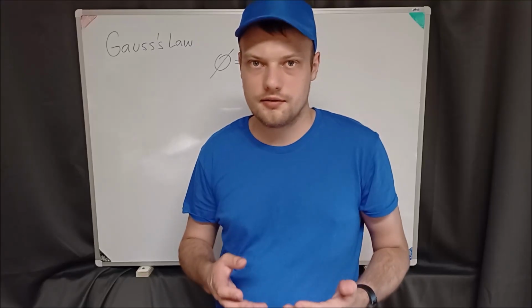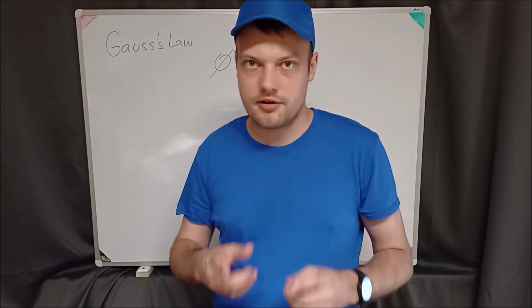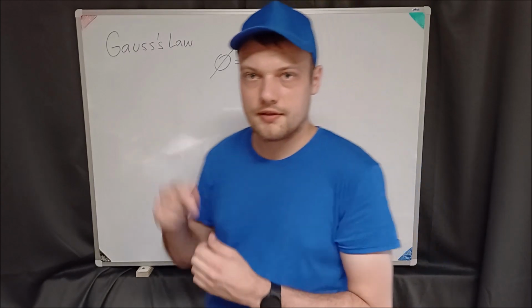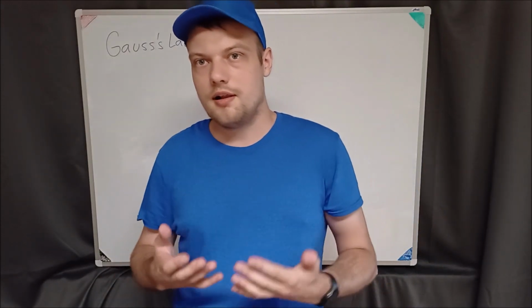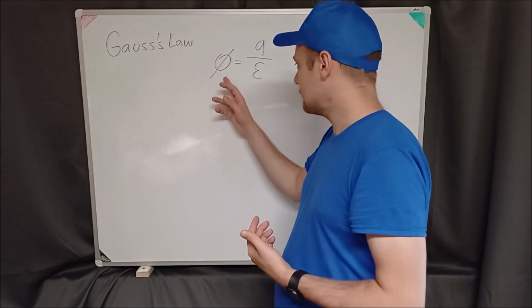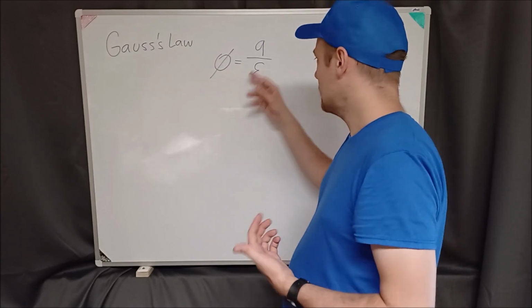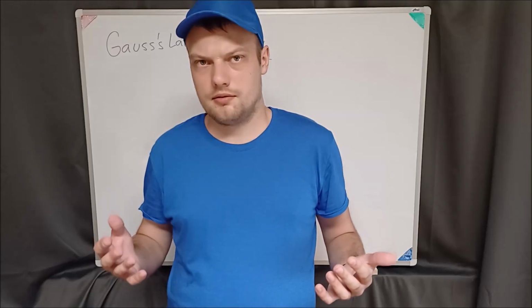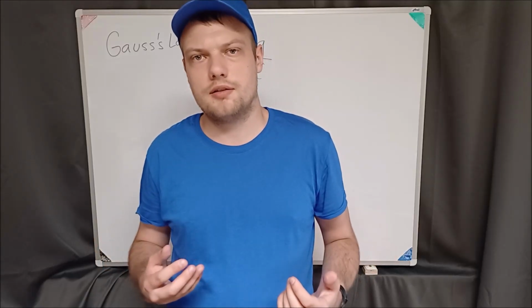And finally, the grand finale, as you are tired. But never mind. Gauss's law. It says the total electric flux through a closed surface equals the charge inside divided by permittivity. And what even is electric flux?